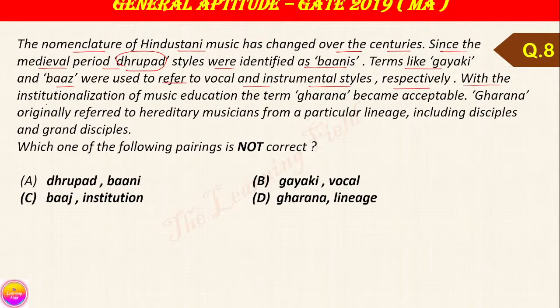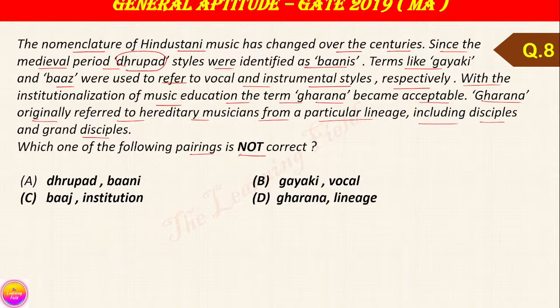With the institutionalization of music education, the term gharana became acceptable. Gharana originally referred to hereditary musicians from a particular lineage, including disciples and grand disciples. Which of the following pairings is not correct?